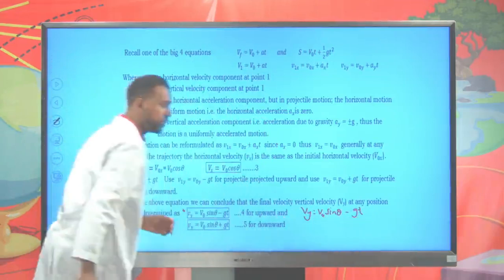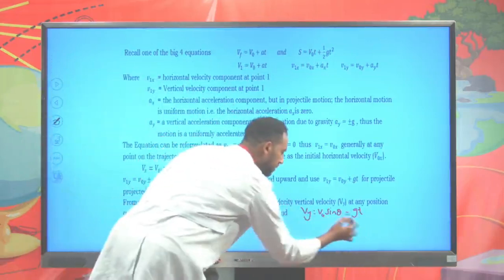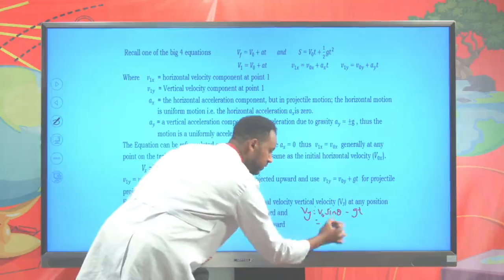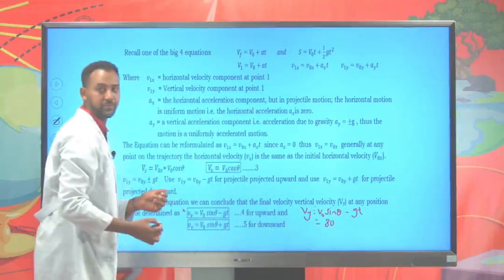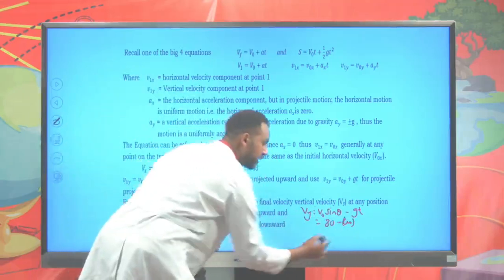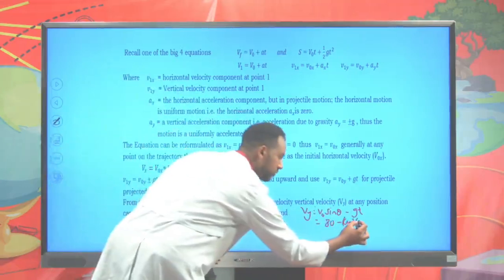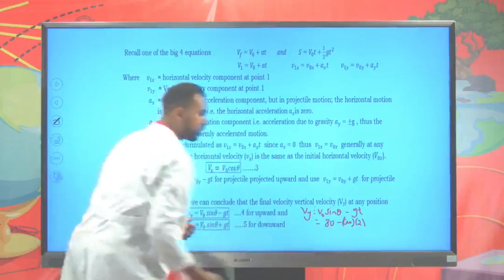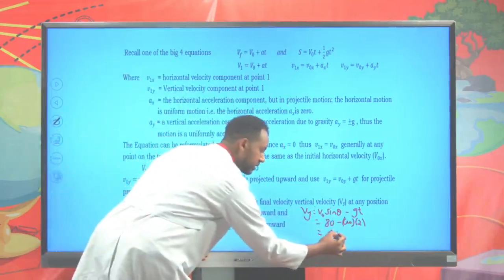This is how we put our equation. The time given is 2 seconds. The initial velocity component, we have already found to be 80 meters per second, minus gravity, which is 10. We are asked to find the vertical velocity component after 2 seconds, so you put 2. Therefore, it is 20. 80 minus 20 gives you 60 meters per second.